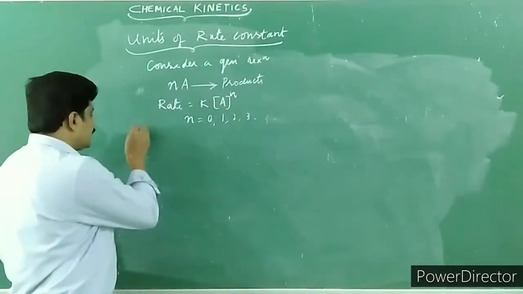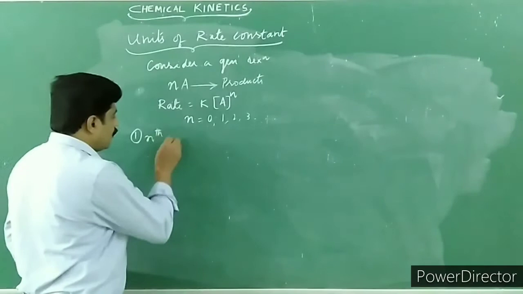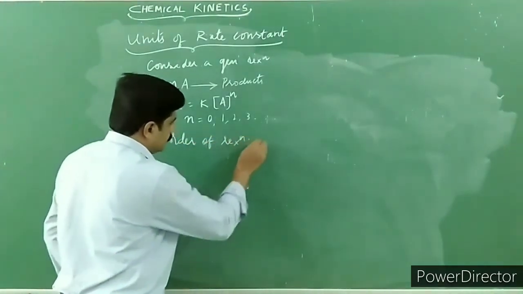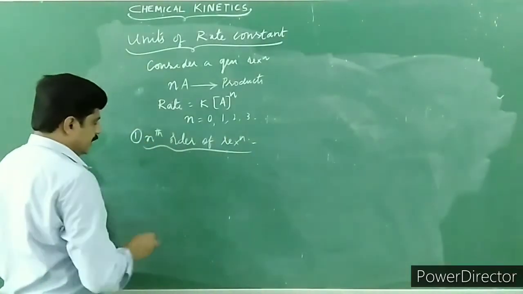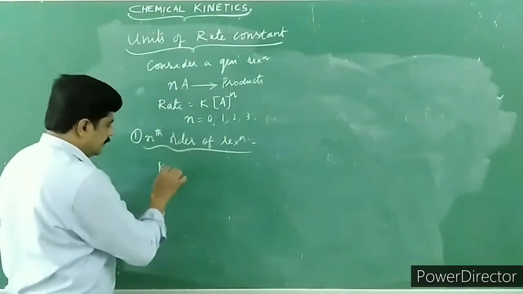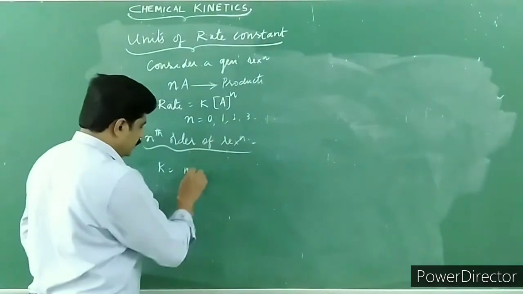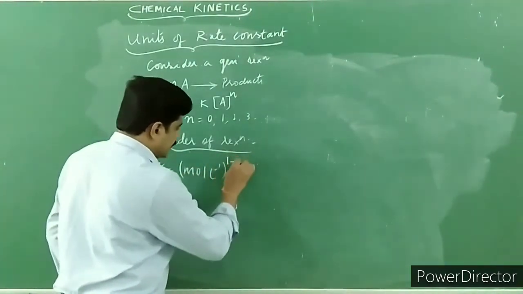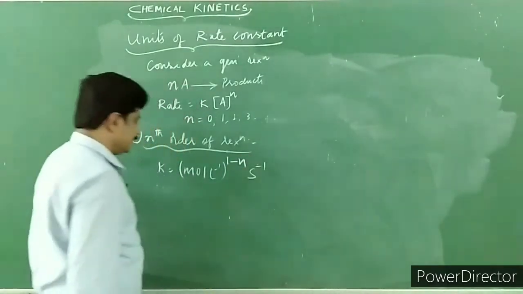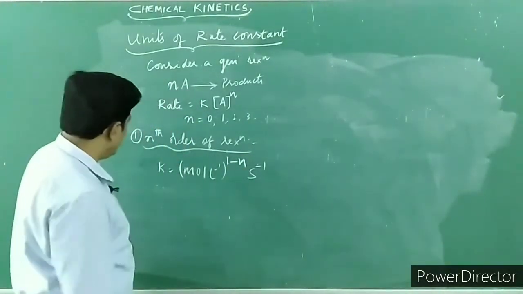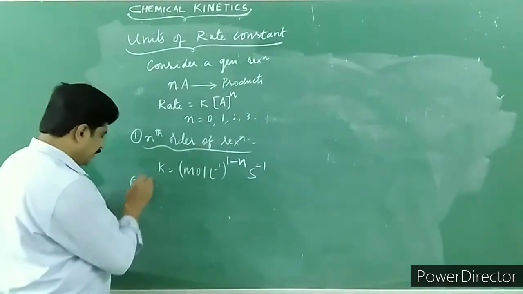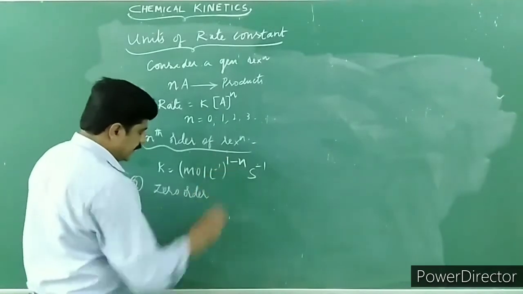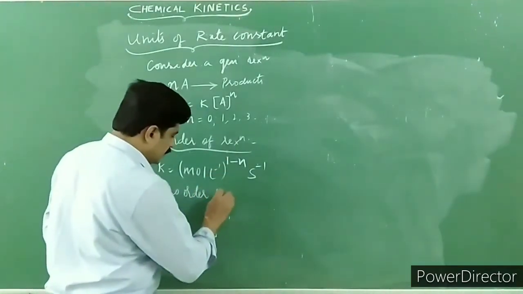Let me consider the first one, for nth order of reaction. How do I write? Look at here, children. K is equal to mole per liter raised to 1 minus n per second. This is for the nth order. Now let me go for the second one, zero order reaction.